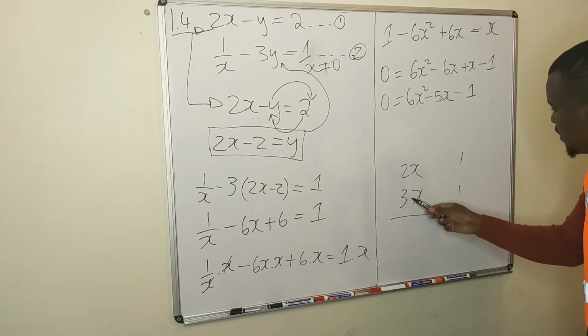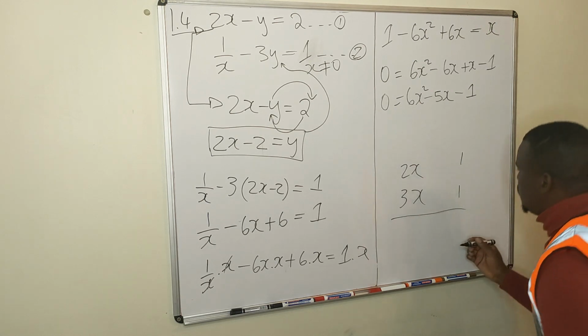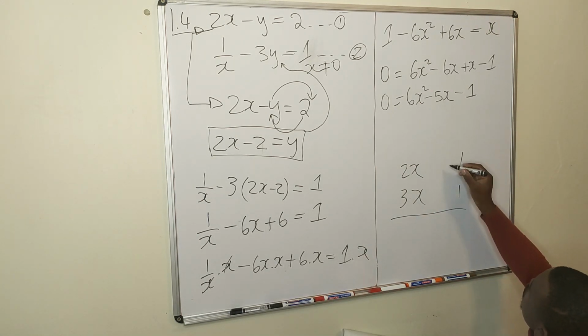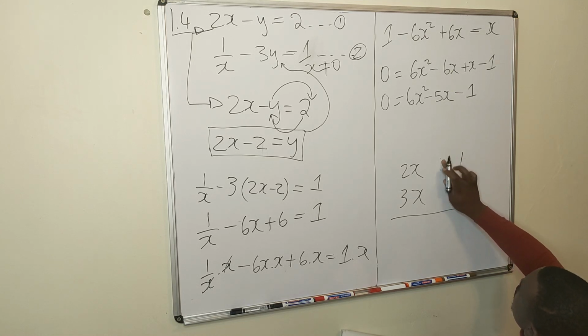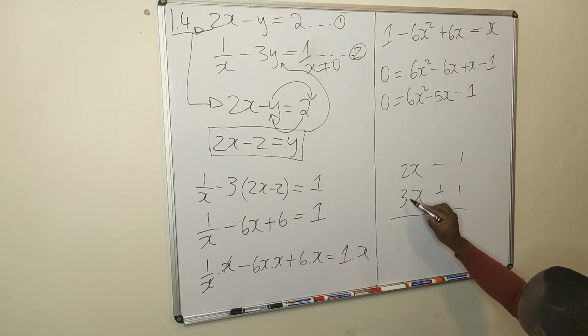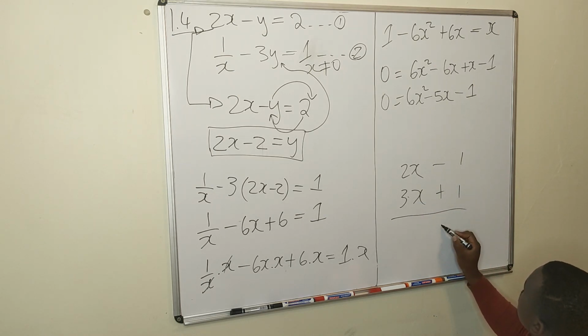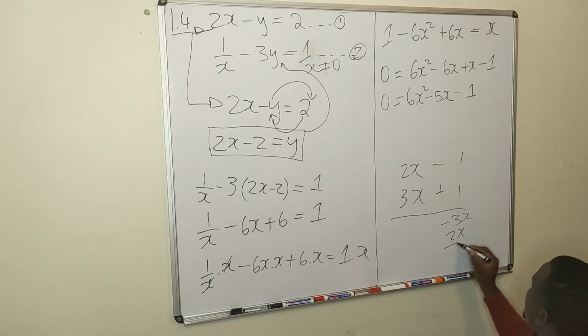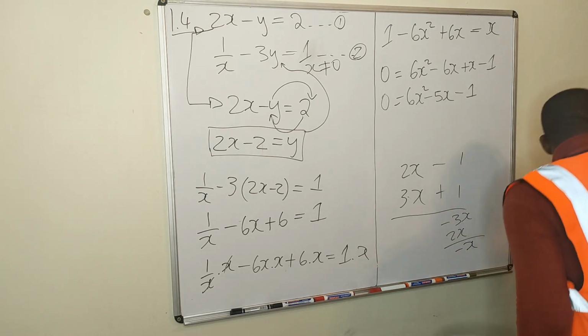What do we have? Say this times that, you have 3x, this times this 2x. So this should be positive. This should be negative, the sign of the middle term. This should be positive. This times that's minus 3x. This times that's 2x. When we add them, they're giving minus x. So these are not our factors.